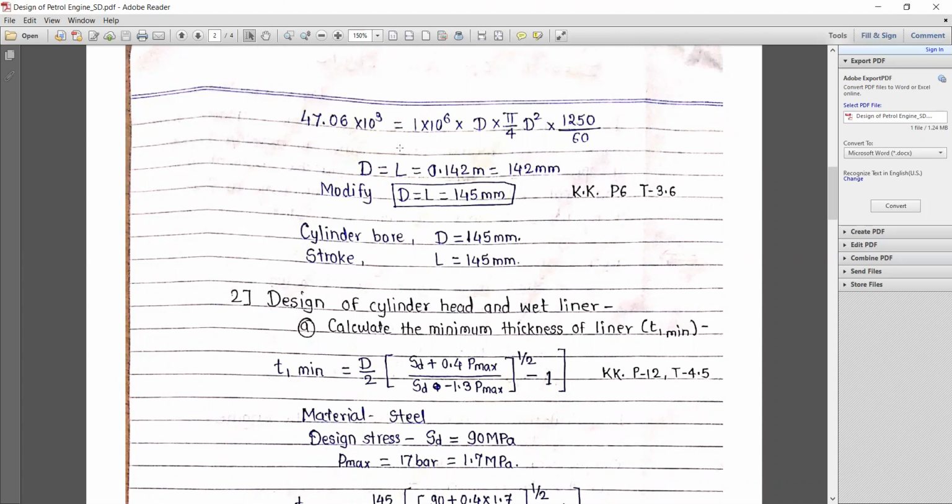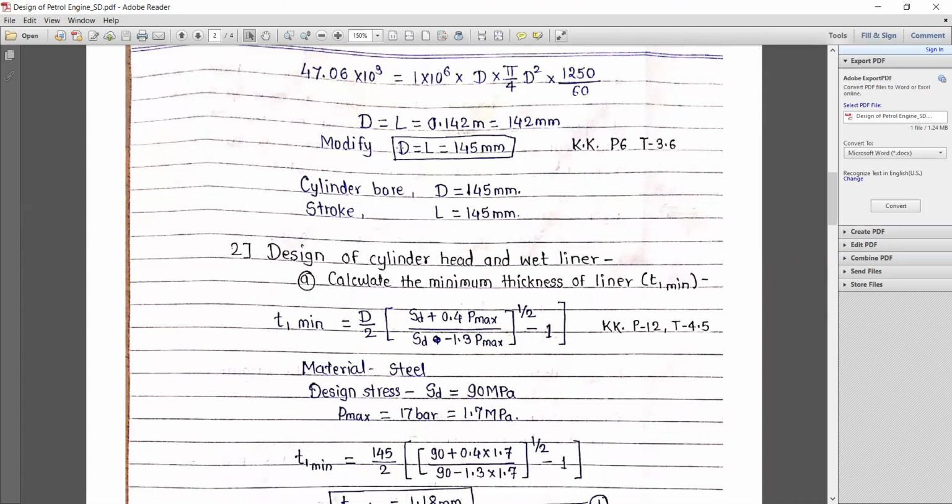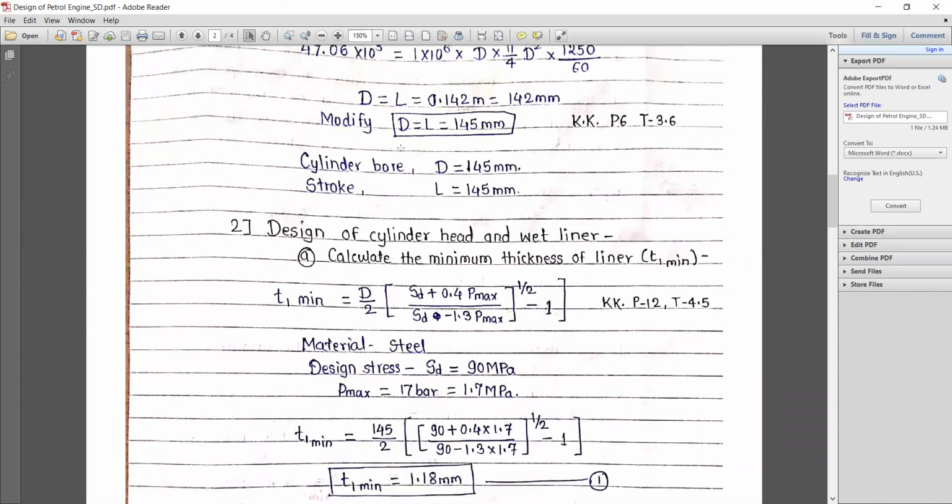As we know the L by D ratio is equal to 1, the length, or you can say the stroke, is equal to 145 mm. You can refer to Kale Khandare, page number 6, table number 3.6. So now we have designed the cylinder; the main dimensions, bore and stroke, are calculated.